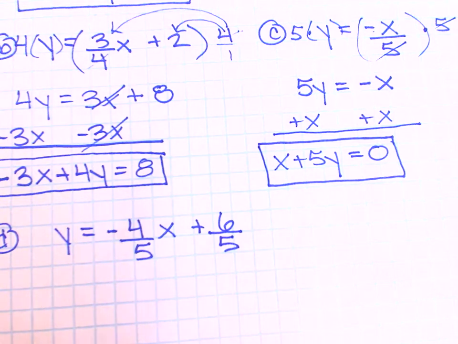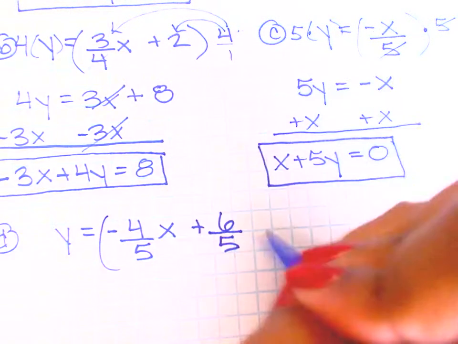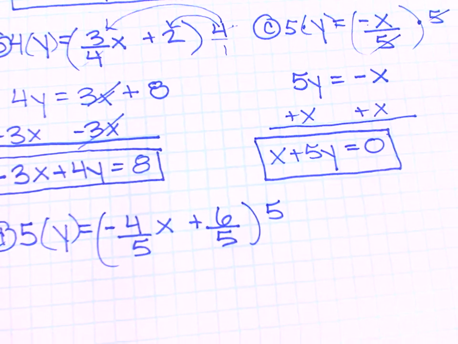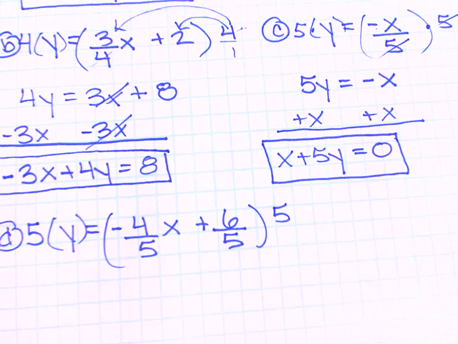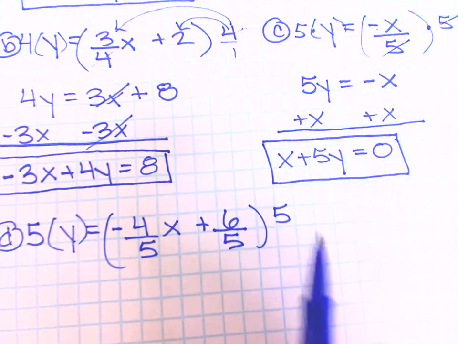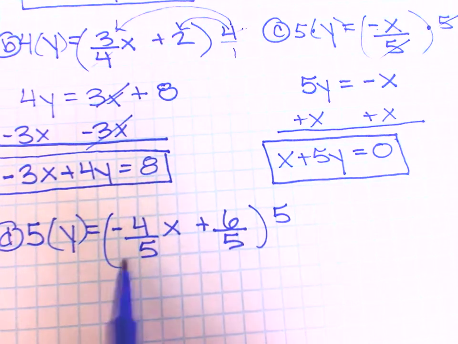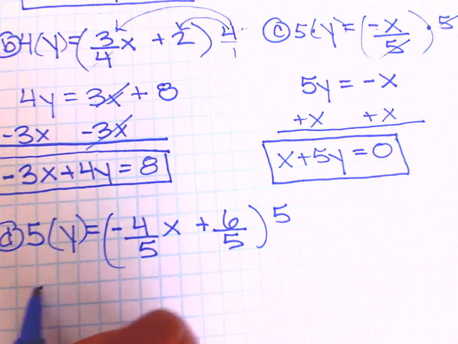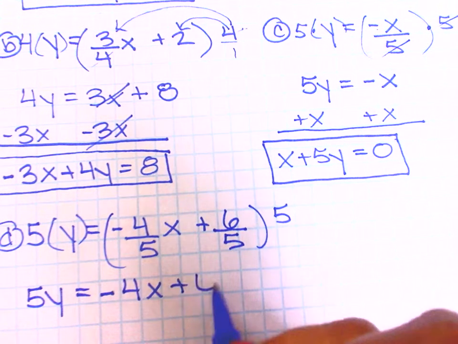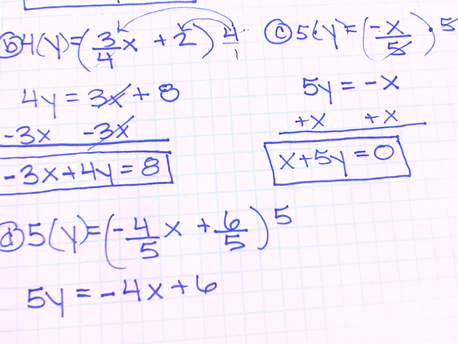To get rid of the fraction, get rid of the divided by 5, I'm going to do the opposite, multiply by 5 on both sides. Because I multiply by 5 on both sides, that gets rid of the 5 in the denominator. So I'm left with 5y equals negative 4x plus 6.